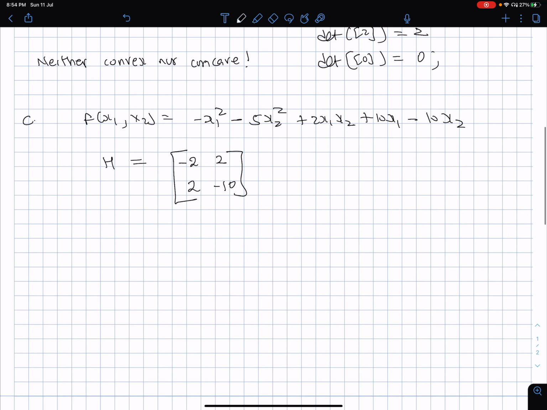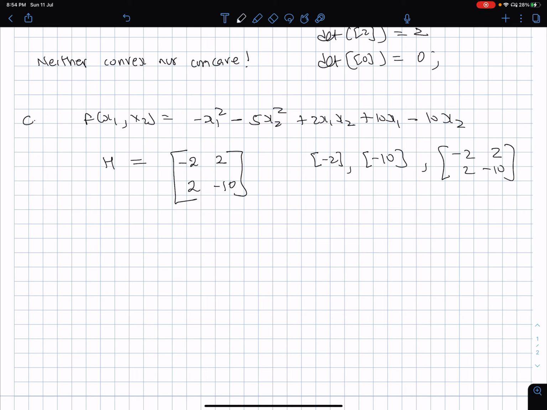Okay. Now let's look at what determinants we should be checking for positive definite, or what submatrix determinants we should be checking. We only create matrices around the diagonal, right? So one by one there are two matrices, -2 and -10, and then 2 by 2 there is only one matrix, -2, 2, 2, and -10.